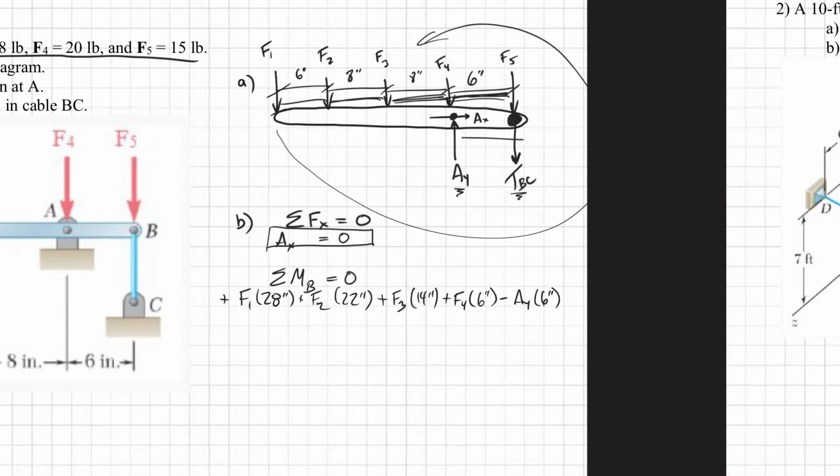And notice we don't worry about F5 or TBC because they pass directly through that point C. So we say equals 0. And if we rearrange this, we end up with something that looks like this.